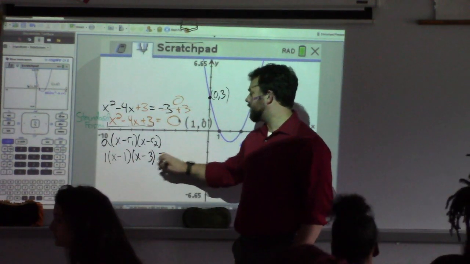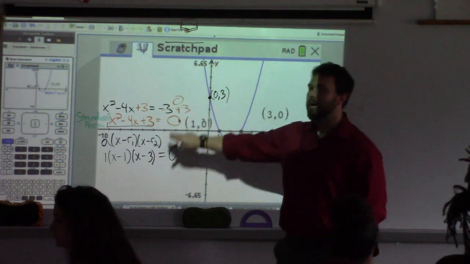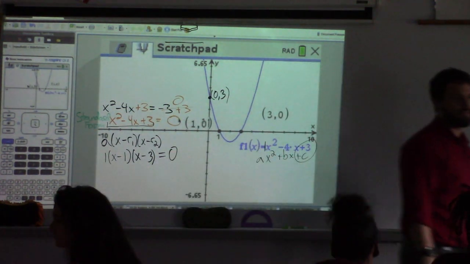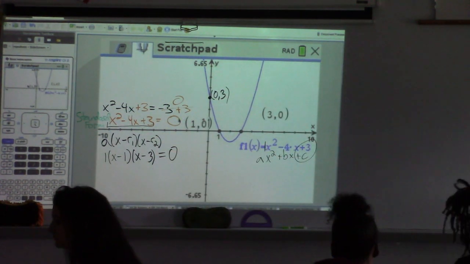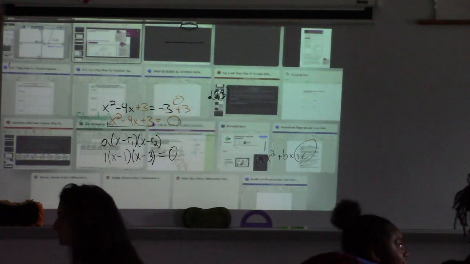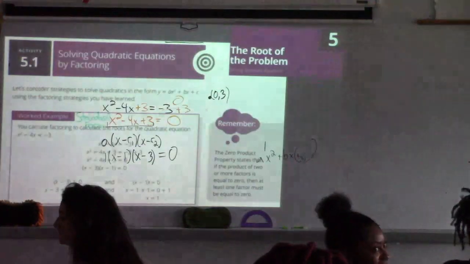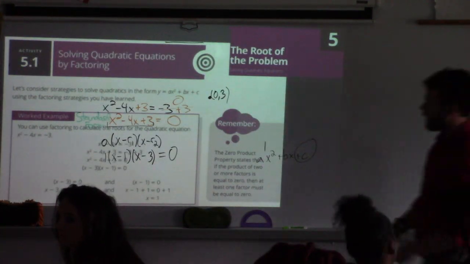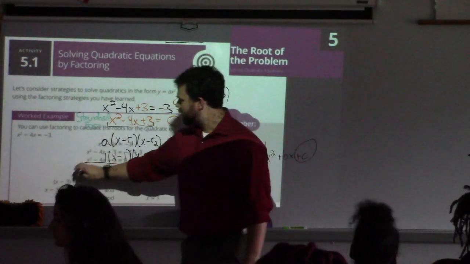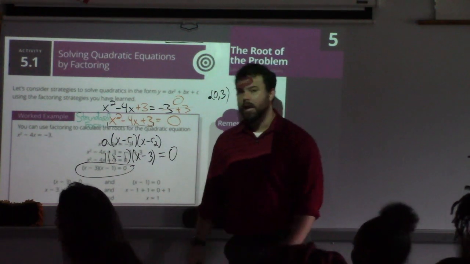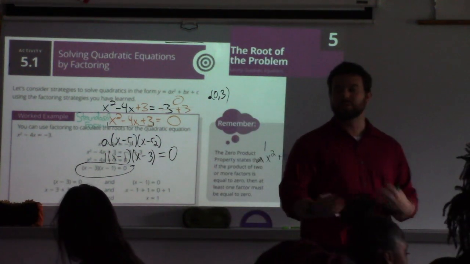Remember, that's the factored form, right? I had standard, I got my x-intercepts to get factored form. Is that the same thing we have in the book? Yes. They went through an algebraic process, we're just doing it graphically.